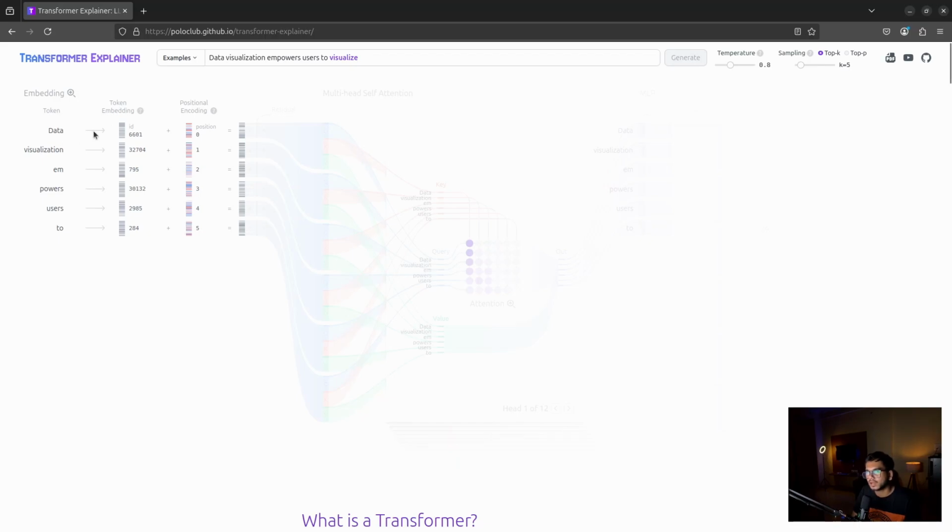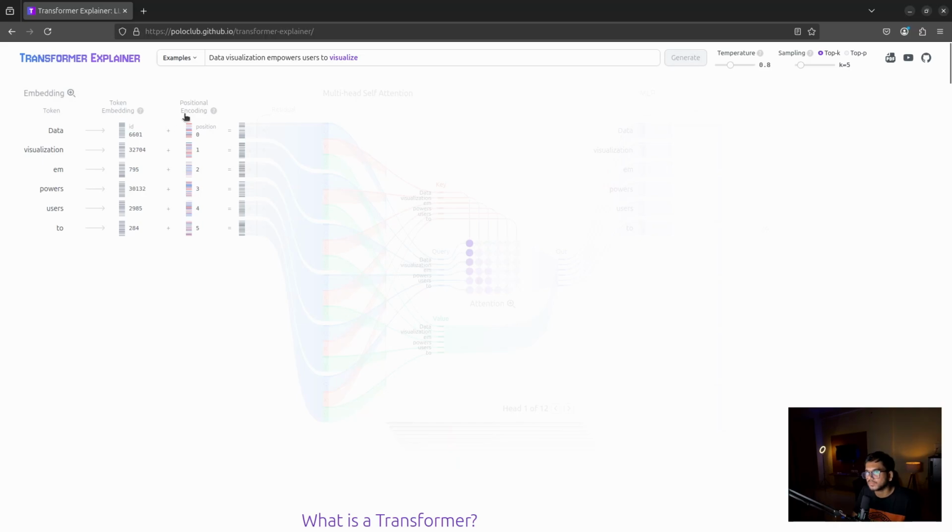So let's go token by token. The first token is data. It has this token embedding generator, which converts the tokens into a numerical representation. Each token has a different number, an ID. So the word data has the ID 6601, and so on for other words.